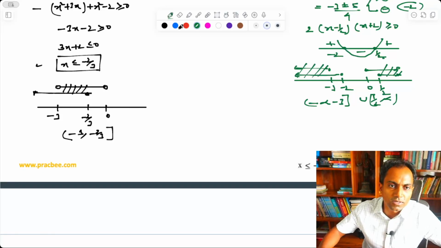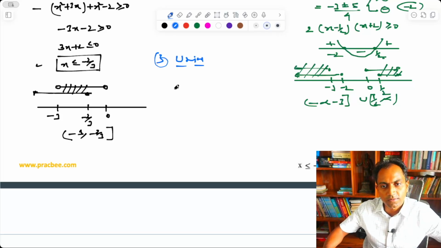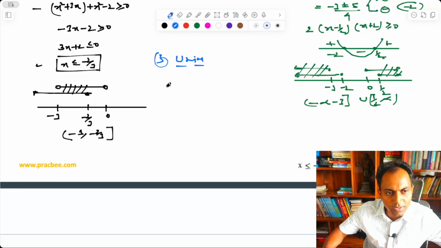Now comes the third and most important part, that is the union of both the answers. This will give us our final answer. The answer for the first part was minus 3 to minus 2 by 3. So we will take the intersection: minus infinity to minus 3, then union minus 3 to minus 2 by 3.